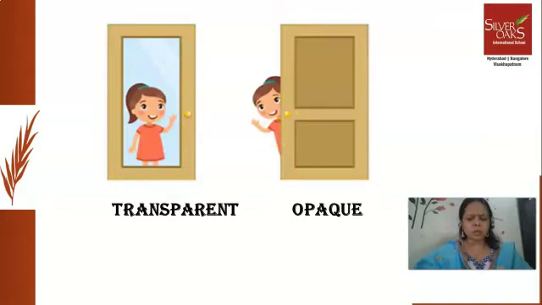The wood is not transparent, and that is why I am not able to see this girl completely. I can see only hand and face. But I can see this girl completely because the door is transparent. It is made up of glass. So now you have understood the difference between transparent object and opaque object.